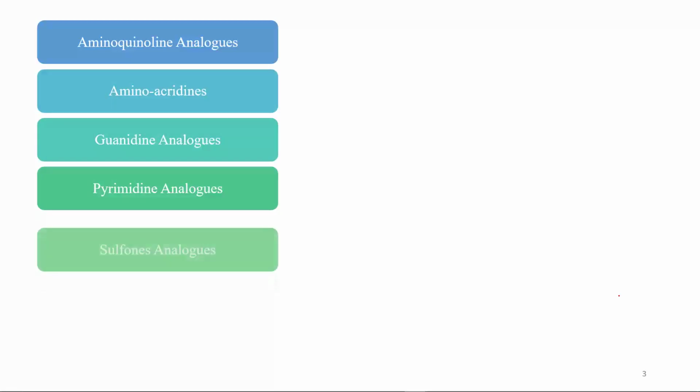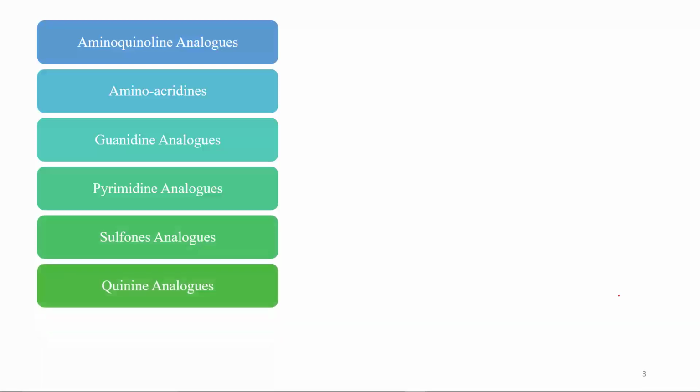Now first take a look at the classification and related drugs: aminoquinoline analogues, aminoacridine analogues, guanidine analogues, pyrimidine analogues, sulfone analogues, quinine analogues, and the new antimalarial drugs.